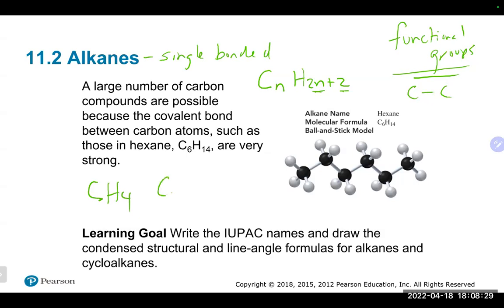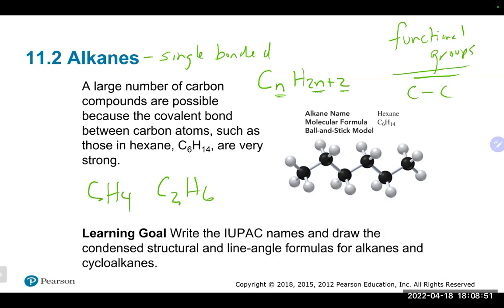We saw ethane, which had 2 carbons. 2 is n. 2 times 2 is 4, plus 2, it should have 6 hydrogens. So alkanes follow that simple formula of CnH2n plus 2, and that will get you basically the formula for all the alkanes.